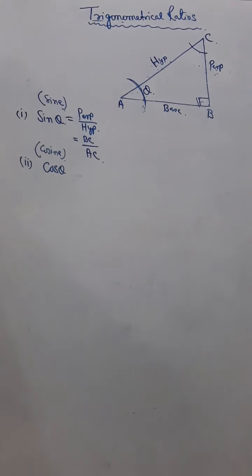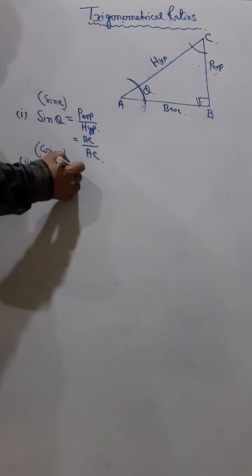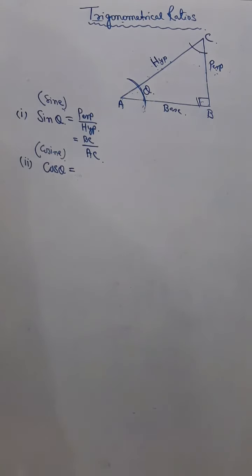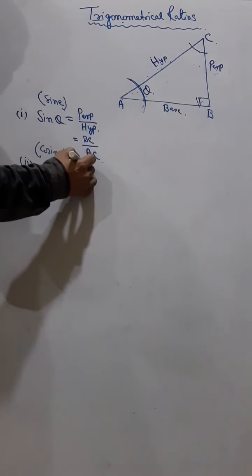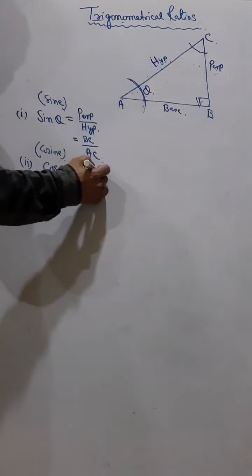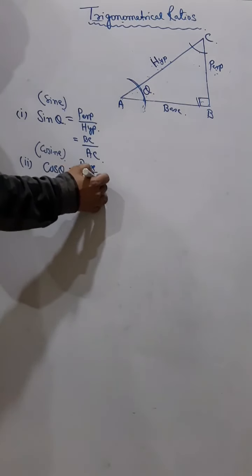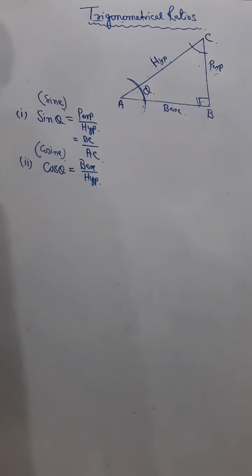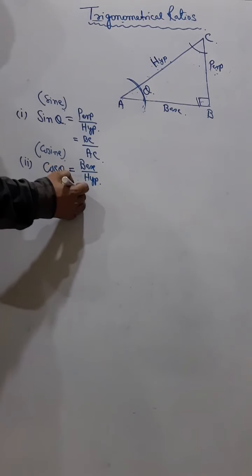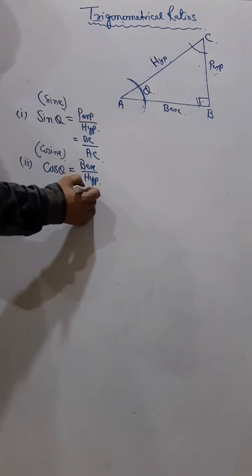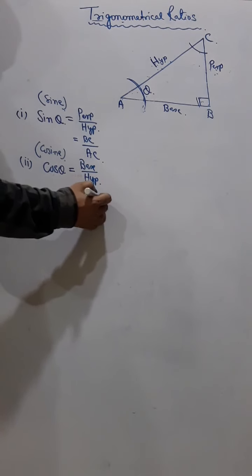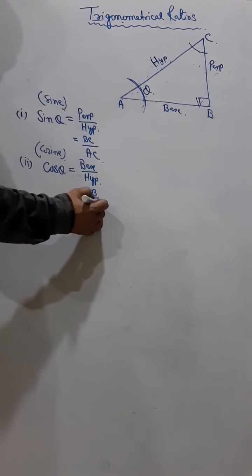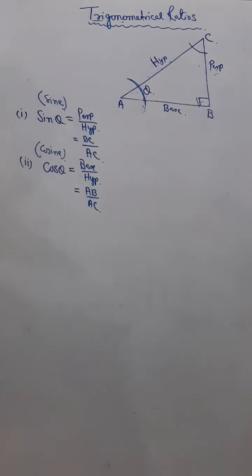So the next ratio is cos theta, and cos theta is the ratio of the base to the hypotenuse. Base to the hypotenuse. So you can understand again with respect to this figure, base that is AB and hypotenuse that is AC. So this is cos theta.